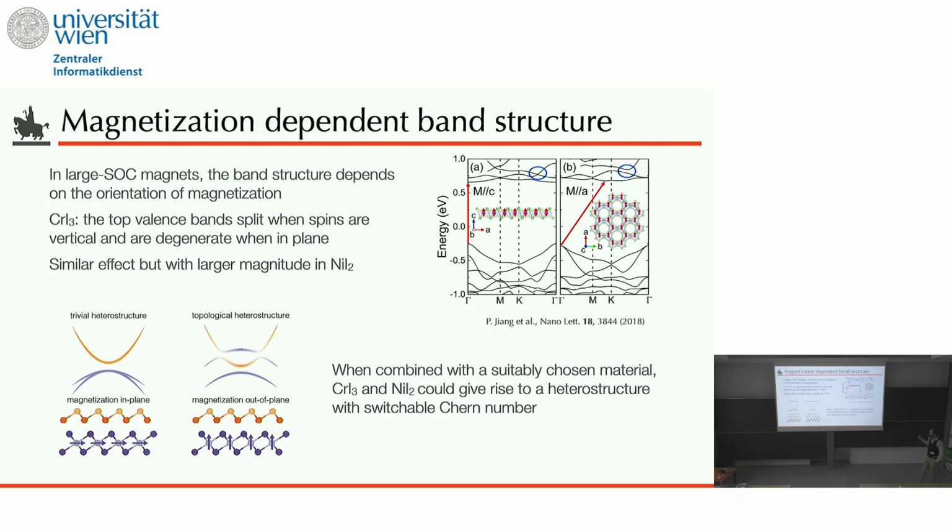And so this got us interested because if you combine this effect with a suitably chosen 2D material, you could have something like this, where when the magnetization is out of plane and you split the bands, you get a band inversion and potentially a topological system, while instead, when the spins are in plane, there is no band inversion and the system is trivial.